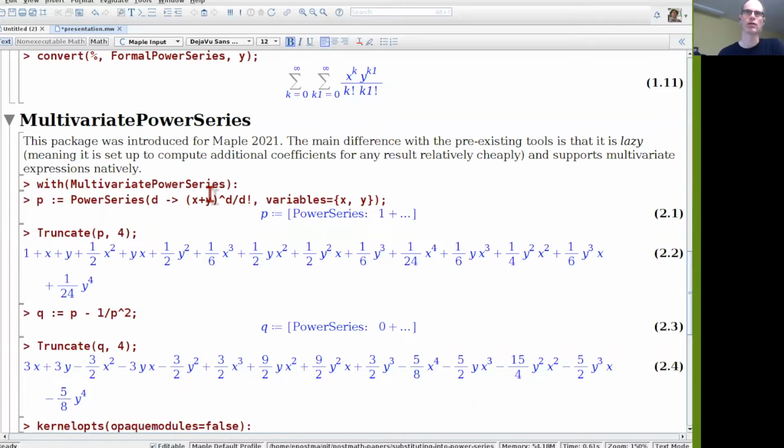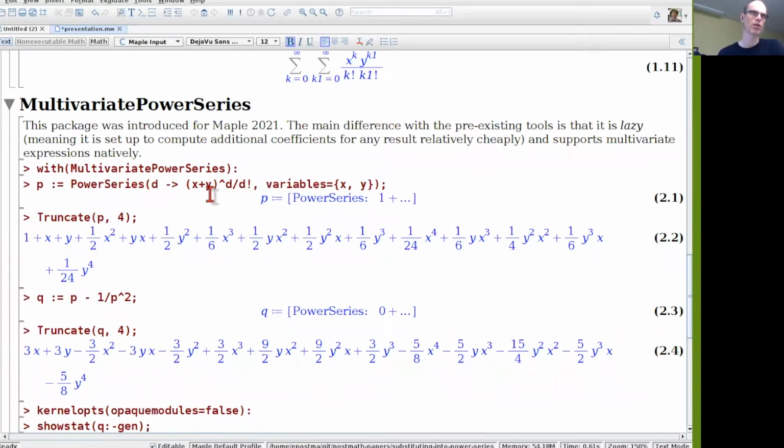If we dig a little bit into what this thing looks like on the inside, the most important part of such an object is the procedure that we specified here explicitly, which computes the dth degree homogeneous component.